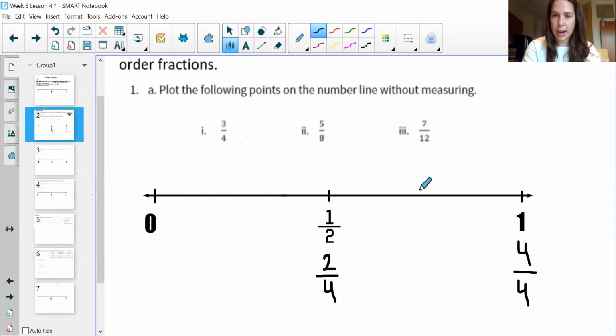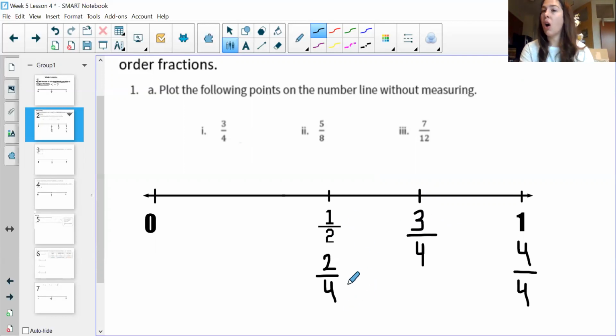So it's going to go right about here. So I'm going to label my 3/4 right there. So I know that it's greater than 1/2. The strategy that I used there was I used a fraction equivalent to 1/2. And those we should all have memorized.